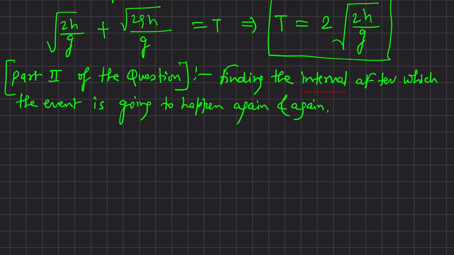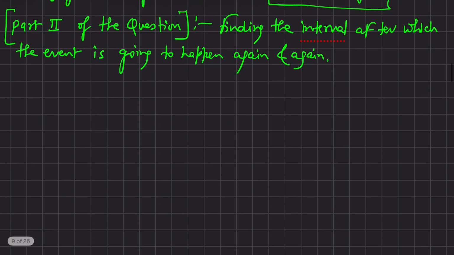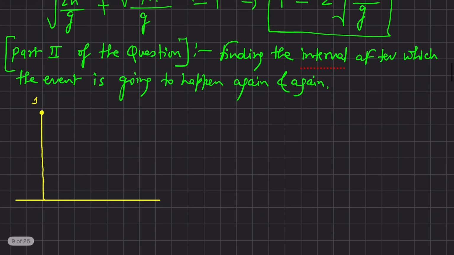Now if you see, guys, part 2 of the question. Let me make the figure first so that I can show you something. Let's say this is your object 1. We know that it will take this time 2t naught here, which is equal to T only.